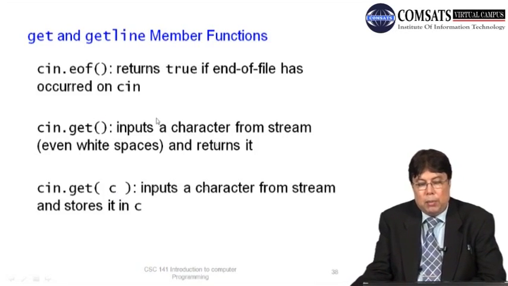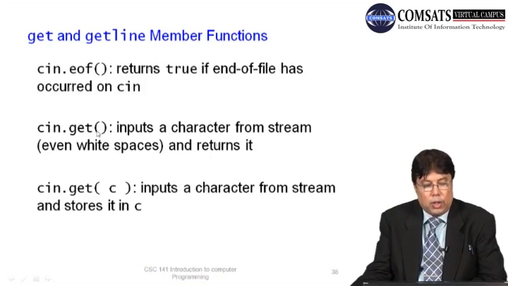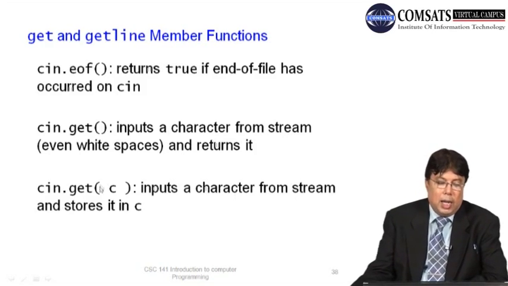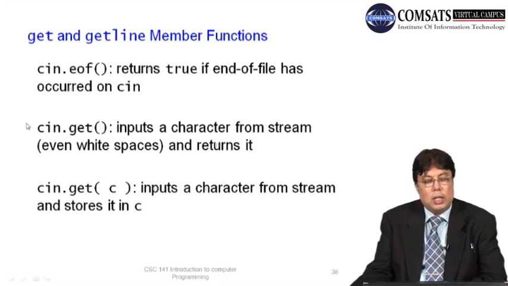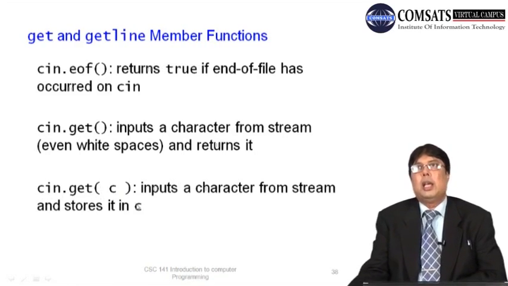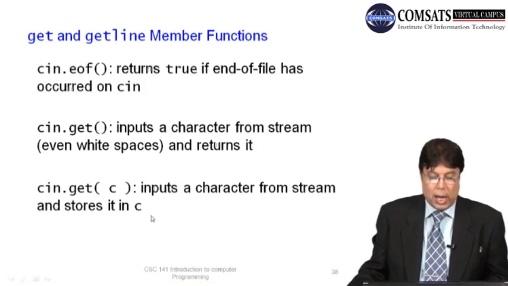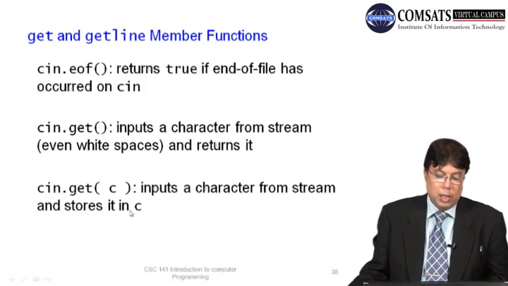Here it inputs a character from the stream and returns it. The function returns the data, and here it takes the character from the stream and assigns it to this c. This is the difference. Here you can say c is equal to cin.get(), and with cin.get(c) within parentheses, whatever character you have typed will be saved in c.